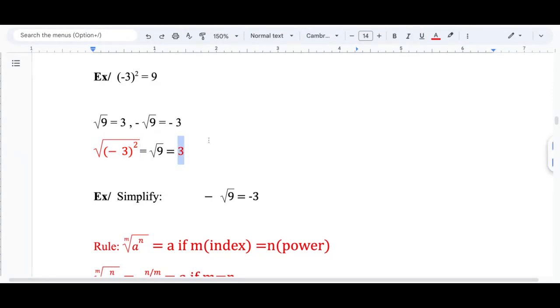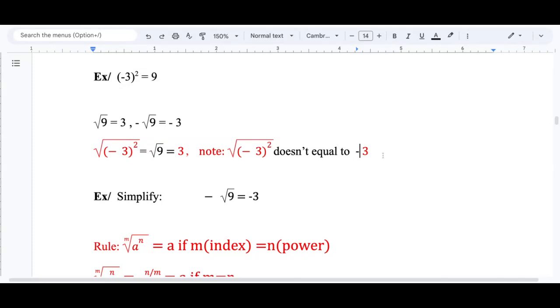Just be careful, let me make a note here. Note: it doesn't equal negative 3.